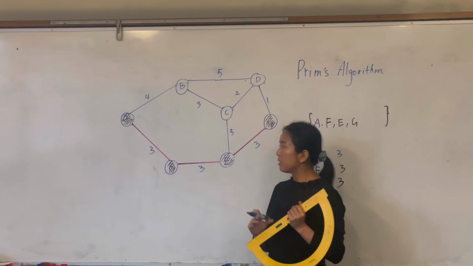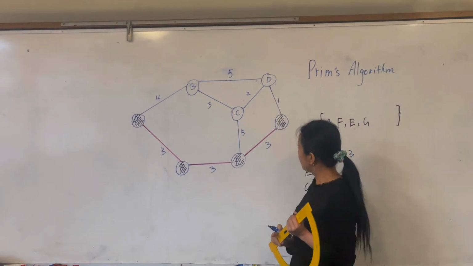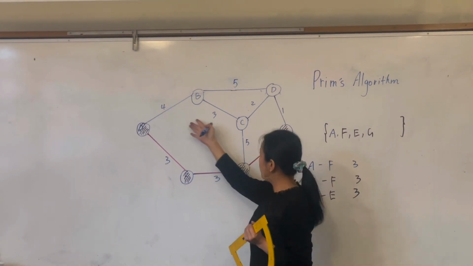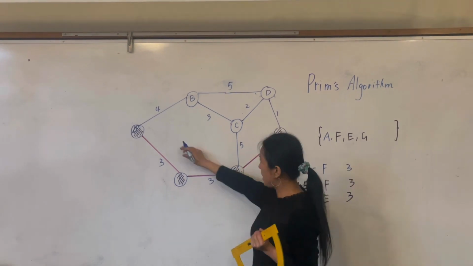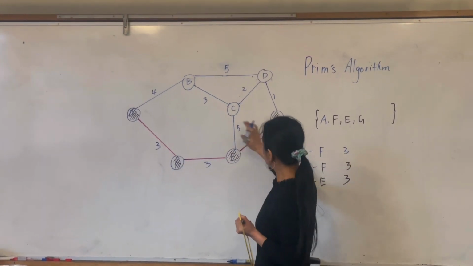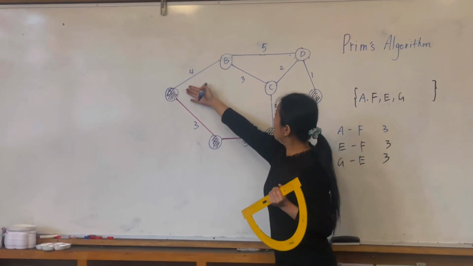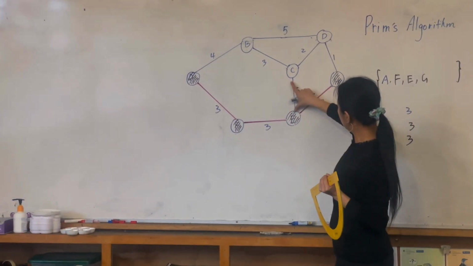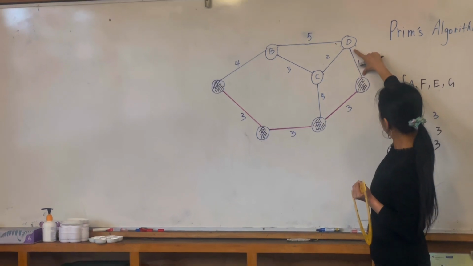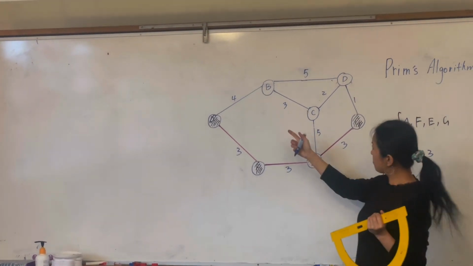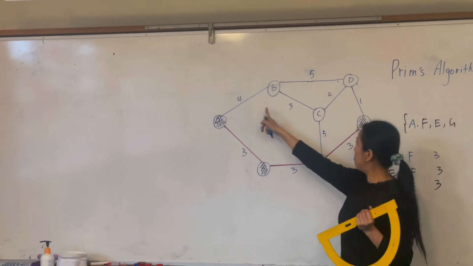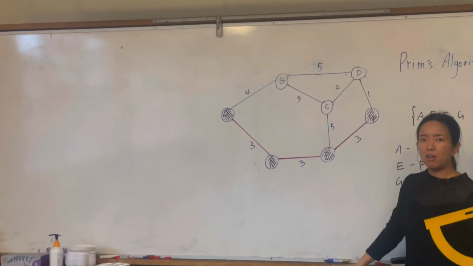Now let's repeat this operation again. So we check the unvisited edges, which are connected between visited nodes and unvisited nodes. Here, there are paths AB, CE, and DG. Which path is shorter? 4, 5, 1.